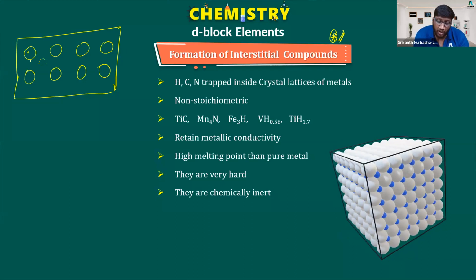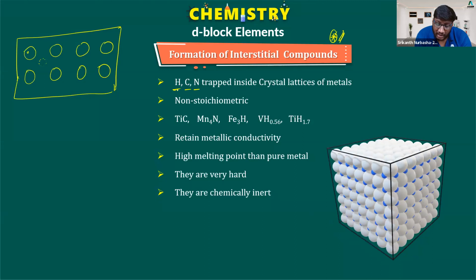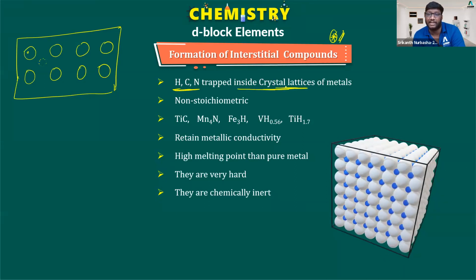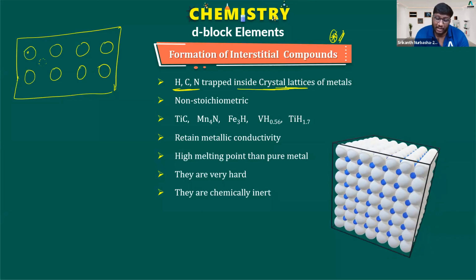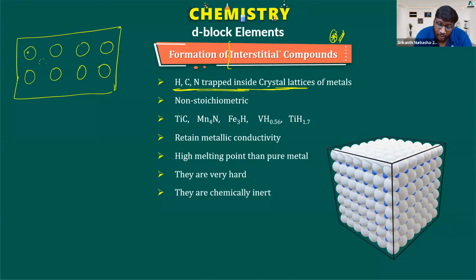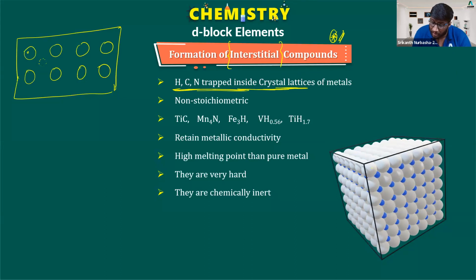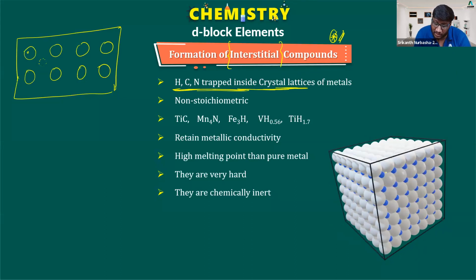If some small atoms like hydrogen, carbon, nitrogen are trapped inside these interstitial sites, that will lead to the formation of interstitial compounds. You can look at the animation here. You have some blue dots present at the interstitial sites.